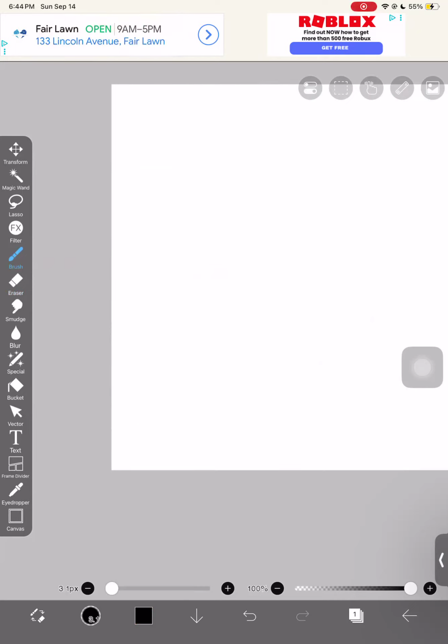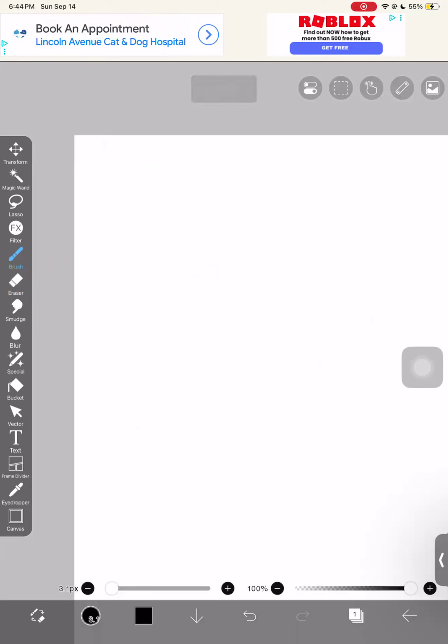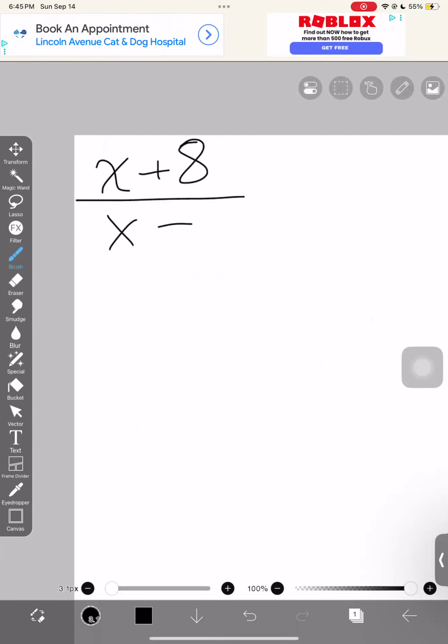Finding the domain of a function. All right. This is one where we have to remember the domain. So let's say we're given a function like this, or in fraction form. What do we know?